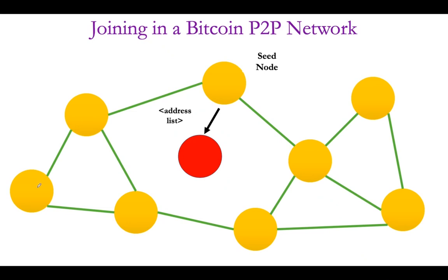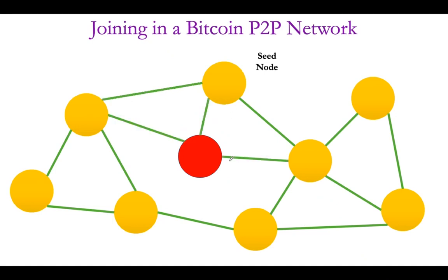Address list means these are the nodes. Every node is identified with the node's header, and in that header you have the hash values, that is the address. The request is first sent by the new joining node. Then the list of addresses available with this node is sent to the new joining node.